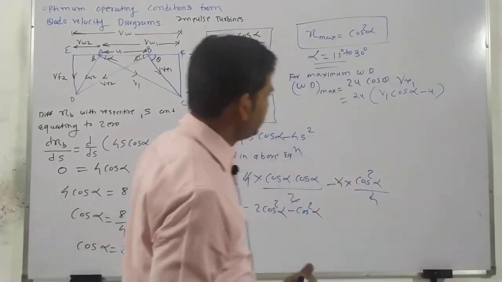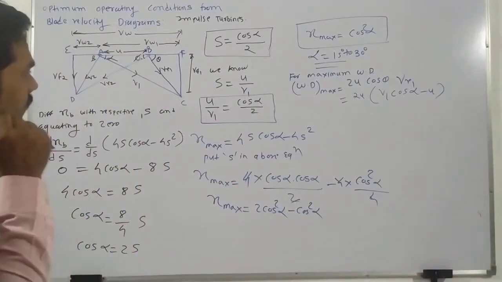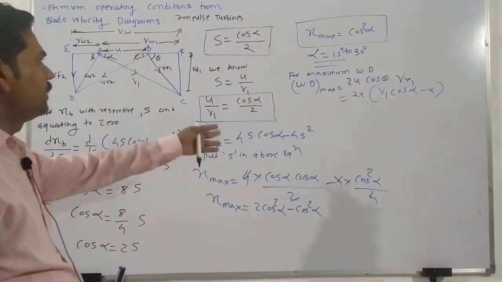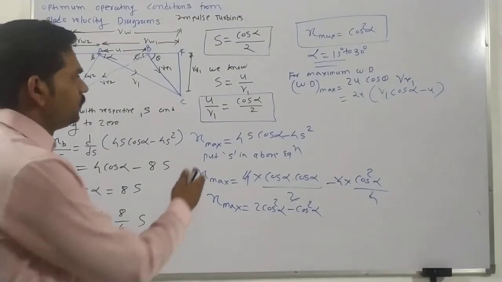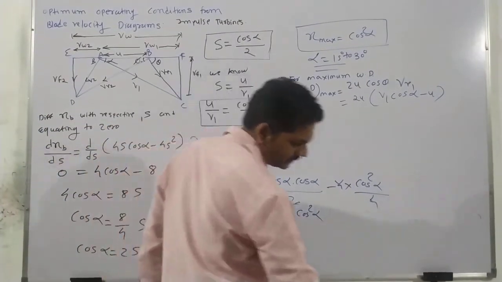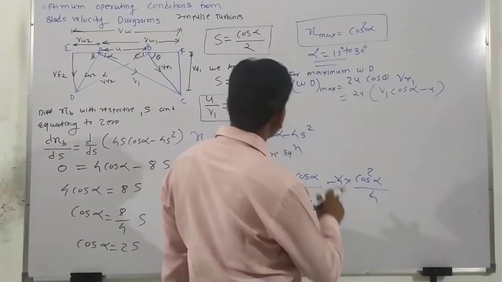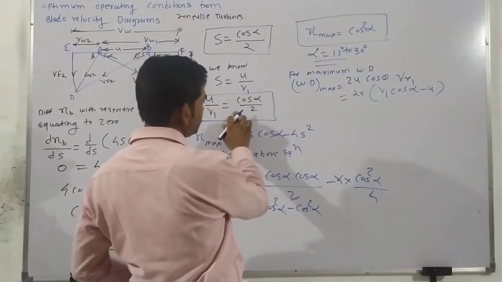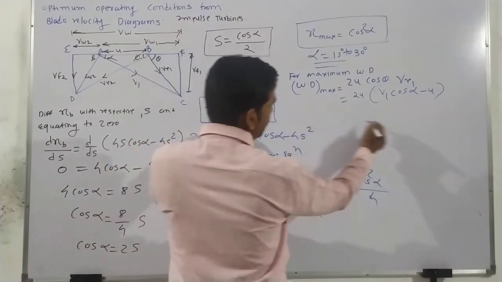Okay. So here we have to put which value? We put the value of this U. Whatever you put, your own choice. You put this cos alpha or 2, whatever we consider here. This V1 cos alpha we get from this. How can you? I write down here.